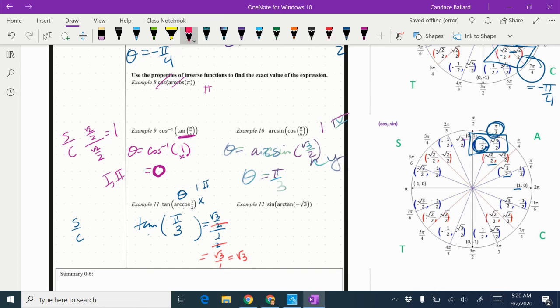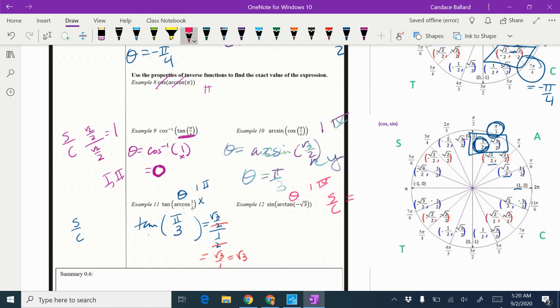Let's try this again, a little bit trickier on the next one. Again, my arc tangent is on the inside, so I have to find the angle measure. Arctangent is valid in quadrants 1 and 4. I need to find where the sine divided by the cosine is equal to negative square root of 3.